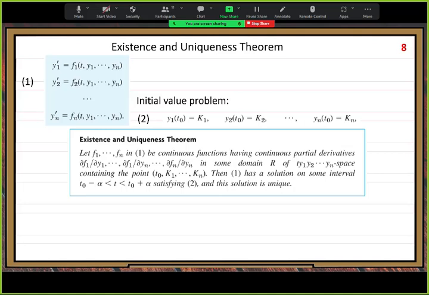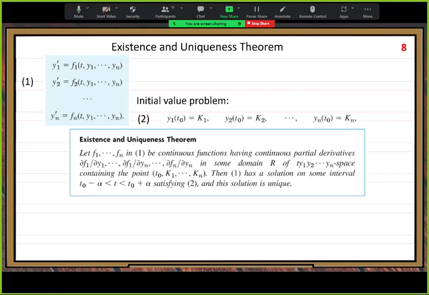If that condition is true, then equation 1 has a solution on some open interval covering T0, satisfying the initial value problem 2, and this solution is unique. So both existence and uniqueness.